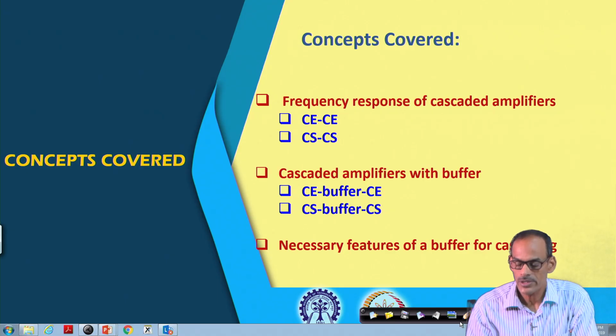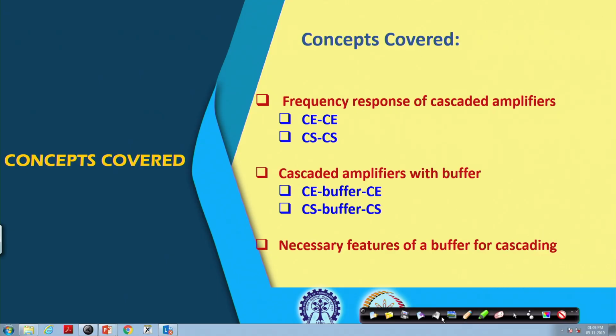We will revisit the frequency response of common emitter and common source amplifier, but the basic difference is that we will cascade two common emitter amplifiers, and then we will see what the effect of cascading is on the frequency response. The effects are similar for common source also, but for completeness we are keeping both circuits.